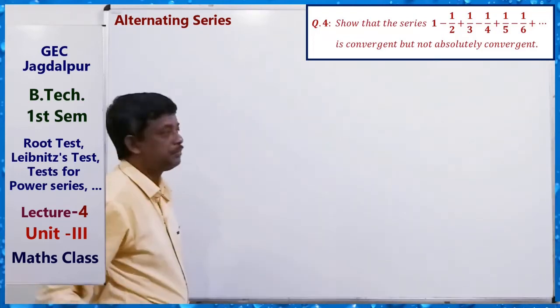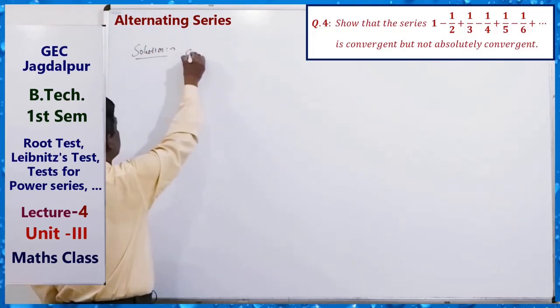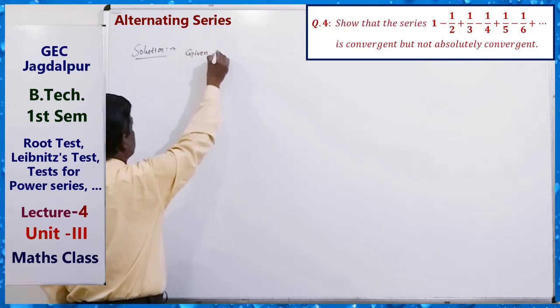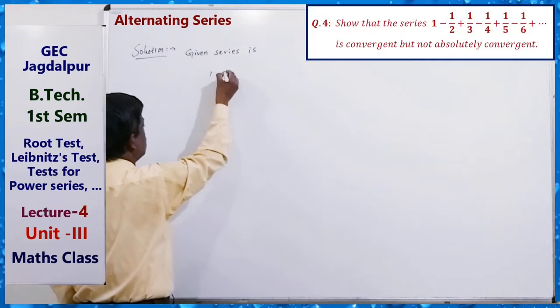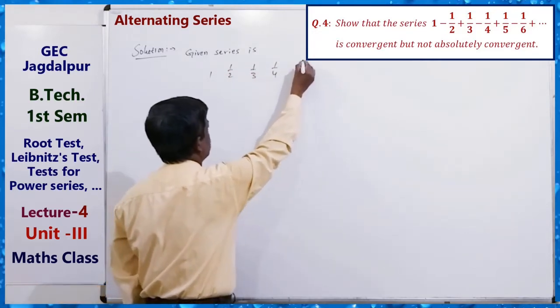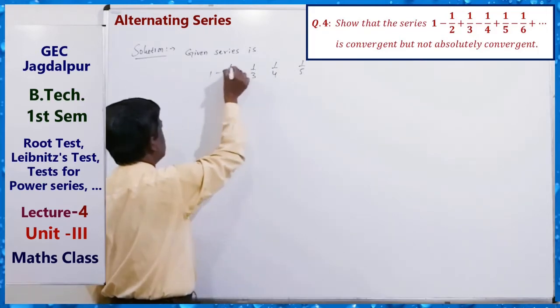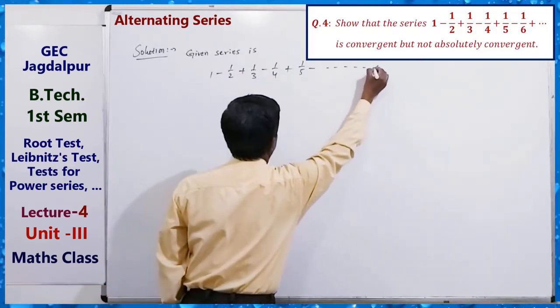Take the question. The given series is 1, 1 by 2, 1 by 3, 1 by 4, 1 by 5, with signs minus, plus, minus, plus, and so on to infinity.